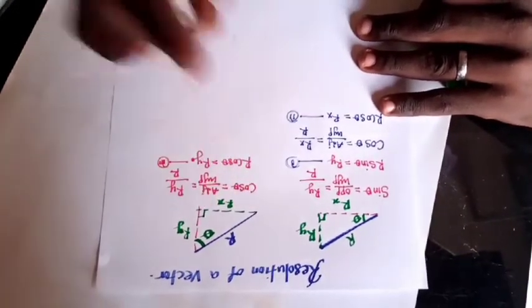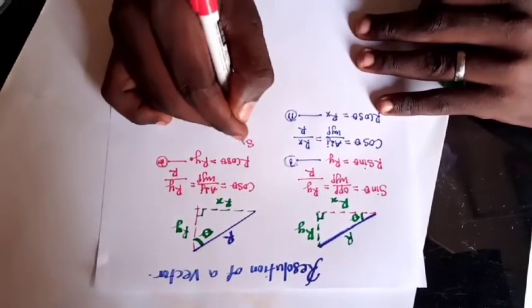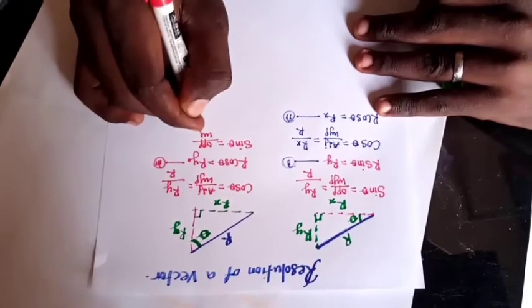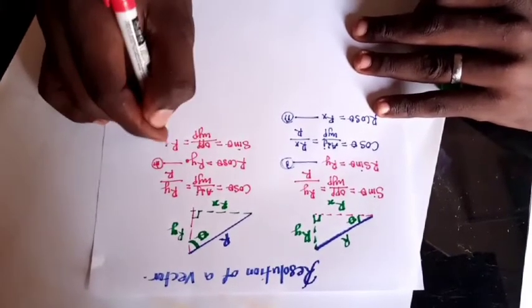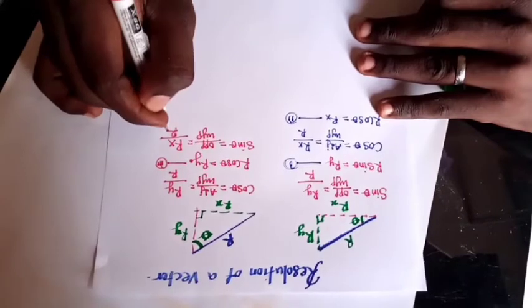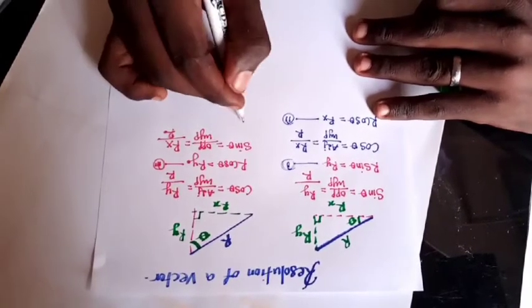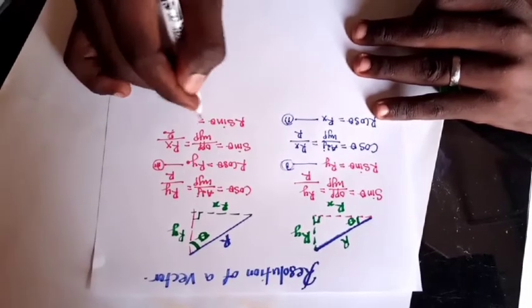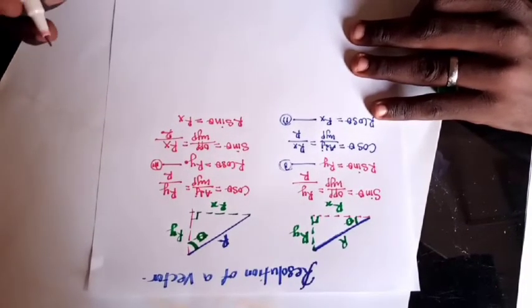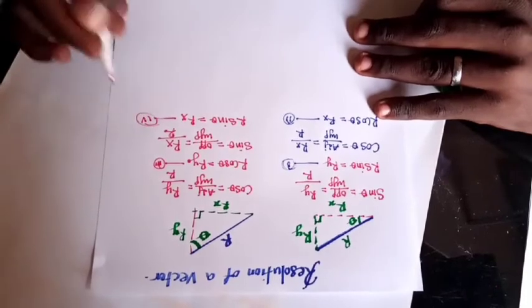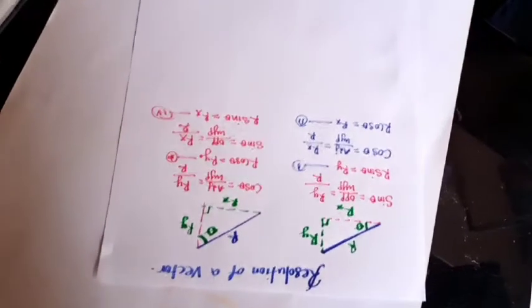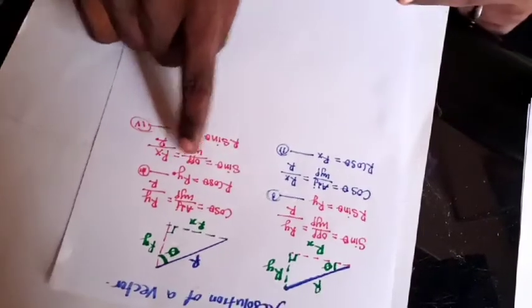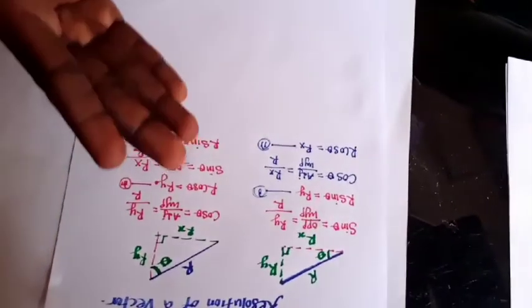For this horizontal component now, I will then have that sine of theta equal opposite over hypotenuse, and that will be Rx divided by R. So if I cross multiply, I then have that R sine of theta equal Rx. So this is equation 4. So you can see now that when the angle is interchanged, what happens to the ratios also? There is a change in the ratio.